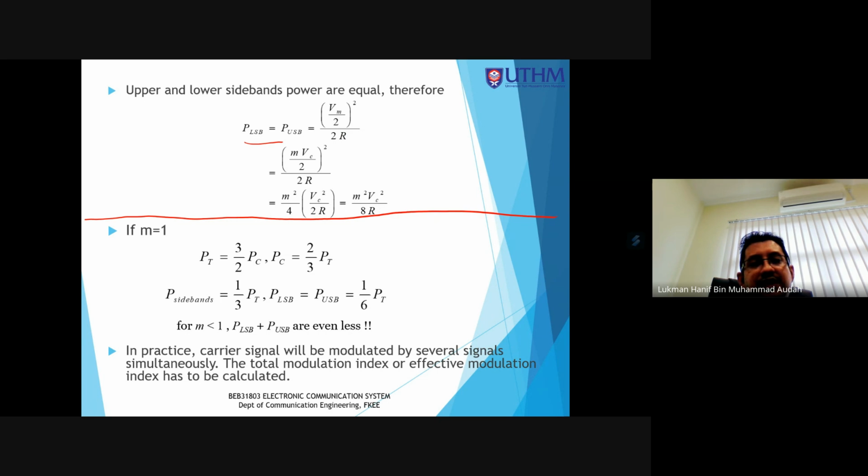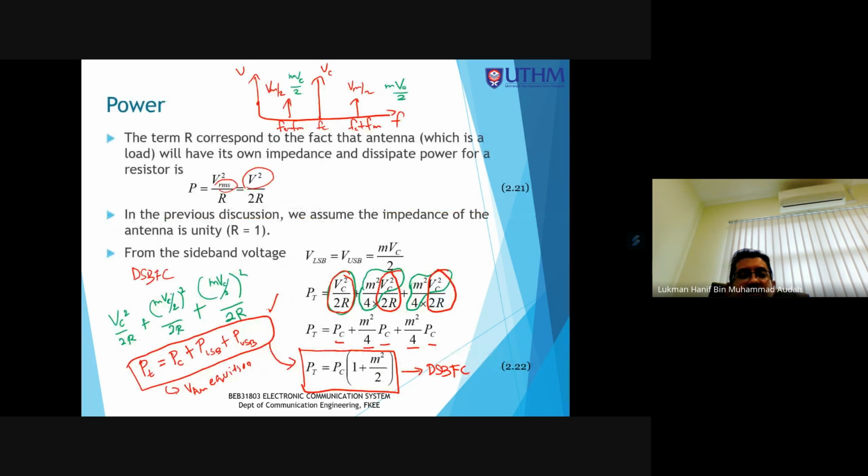Or you can also write MVC over 2 square divided by 2R, which gives you M square VC square over 8R. This is actually the same as from here.